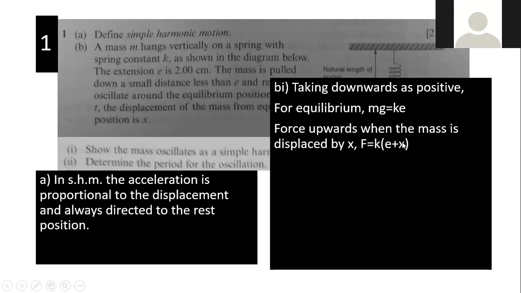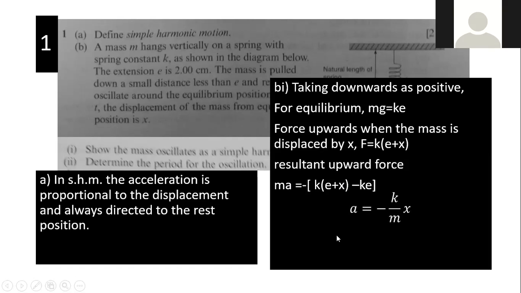Now you add another displacement x, so e plus x. So for the resultant force you subtract. Upward force minus ke. That's all. And since it's a resultant force, using Newton's second law, ma. I put a negative sign because the force is upwards, the displacement is downwards. So ke cancels off. You got your answer. So a is proportional to x. That's all we need to do.